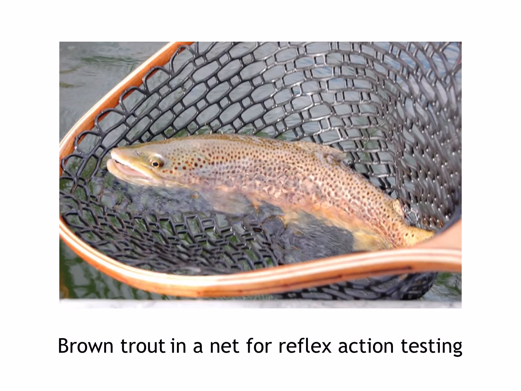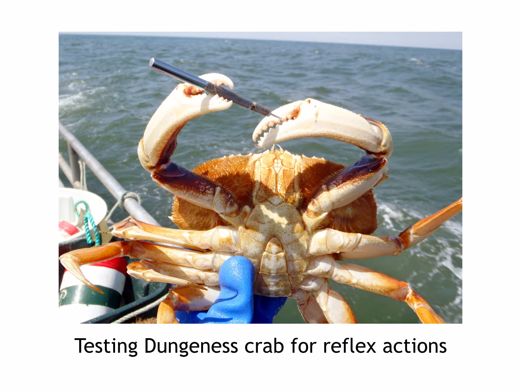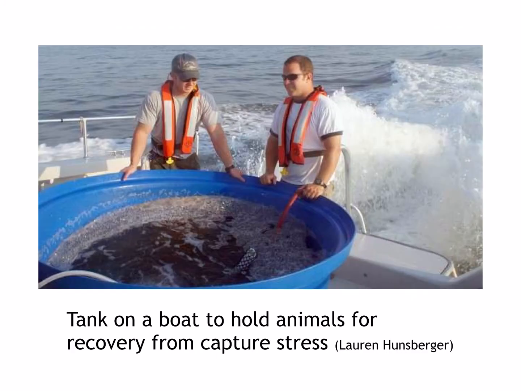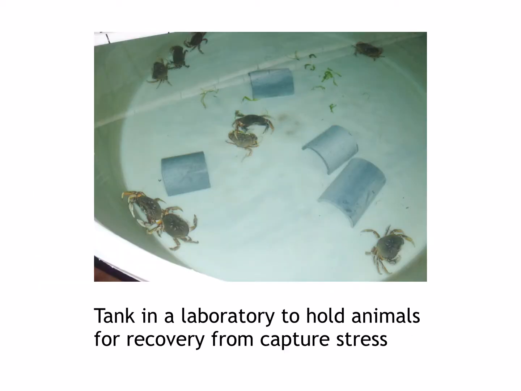The picture shows brown trout in a net for reflex action testing, and testing Dungeness crab for reflex actions. The picture shows a tank on a boat to hold animals for recovery from capture stress, or a tank in a laboratory to hold animals for recovery from capture stress.